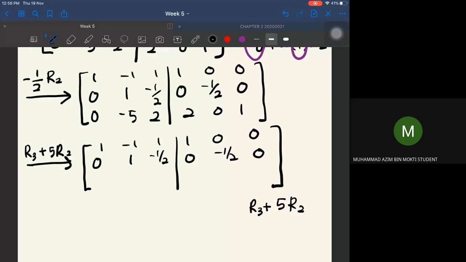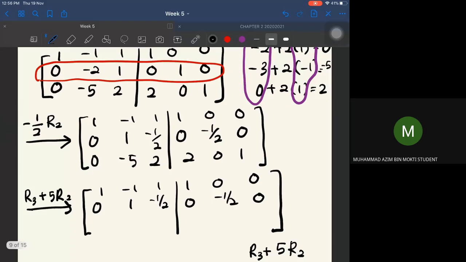Okay. So, you akan depends pada row yang ketiga and also row yang kedua.